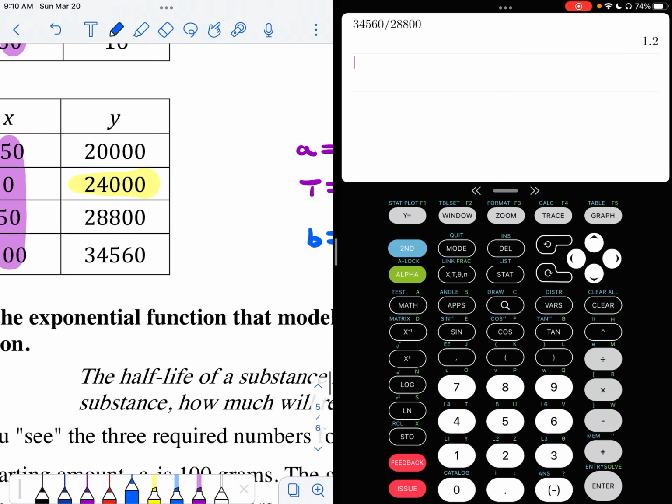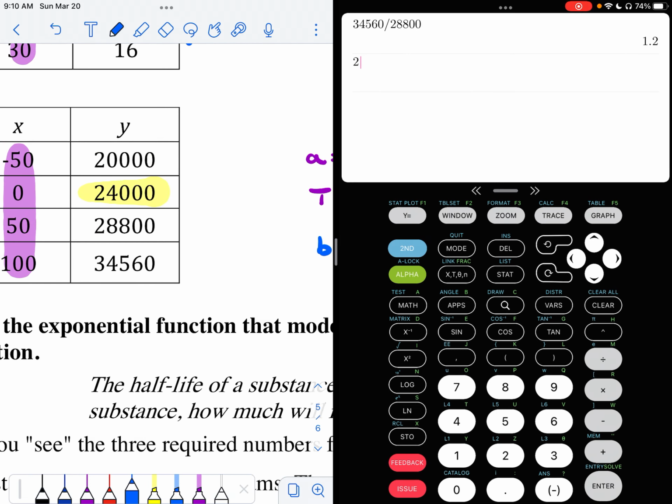Let's just make sure again that this is consistent. If I take 20,000 and multiply it by 1.2, I get 24,000. If I multiply that by 1.2, I get 28,800. So that is consistent throughout the whole table. These are all just multiplying by 1.2.